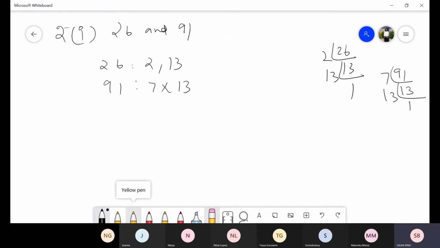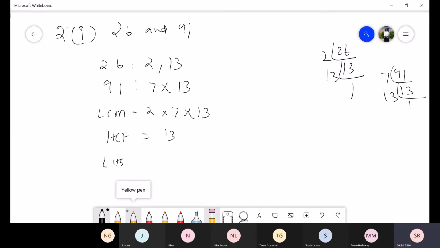Because we are finding the factors, factors means you have to find the prime factors. We need prime numbers. If you take 26, 26 is not a prime number. Understand? So LCM is equal to 2 into 7 into 13 and HCF is equal to 13.